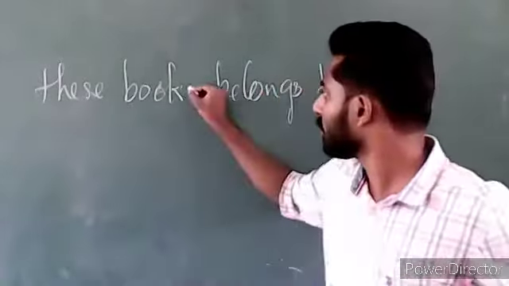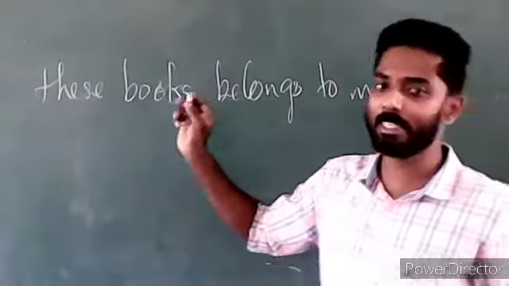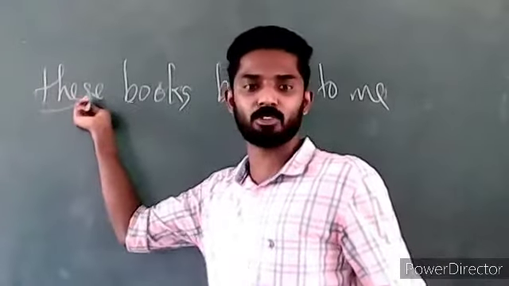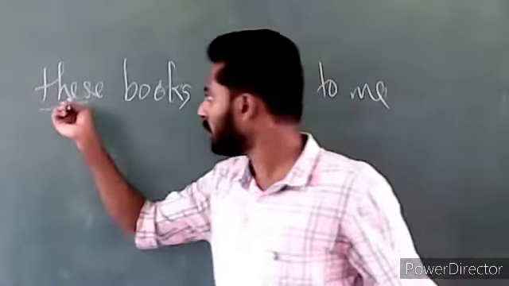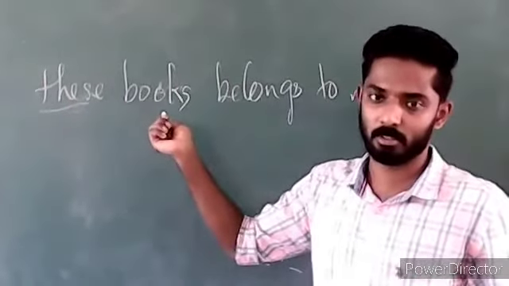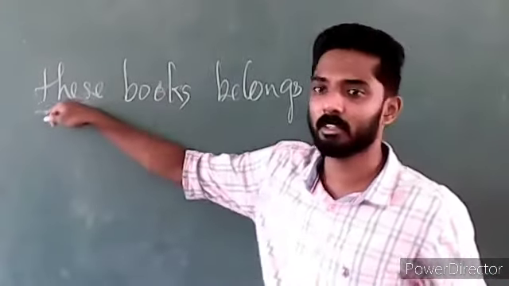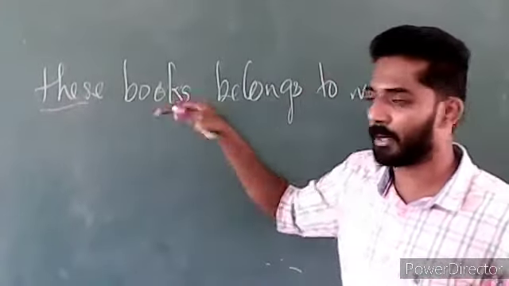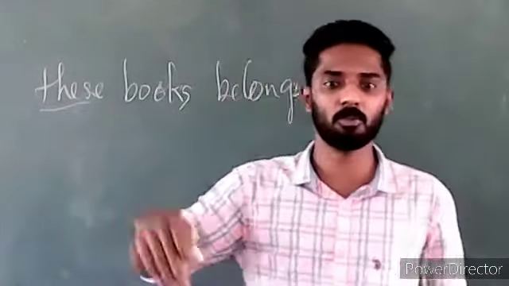The word these is the demonstrative in the sentence, because it is telling that these particular books belong to me.